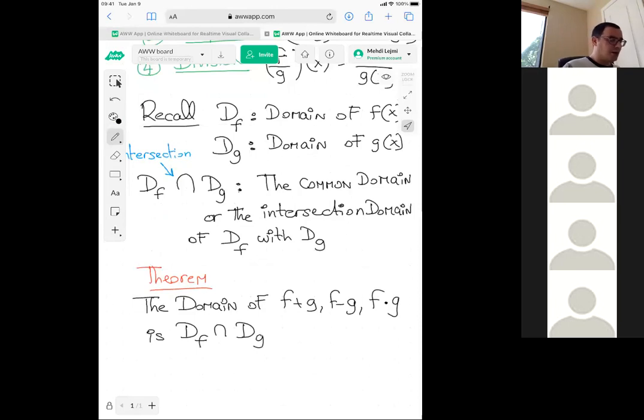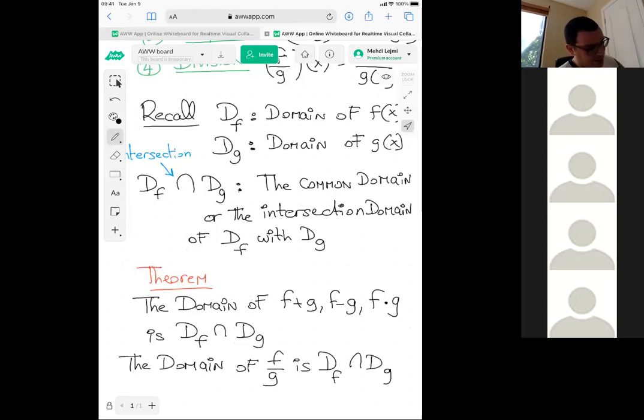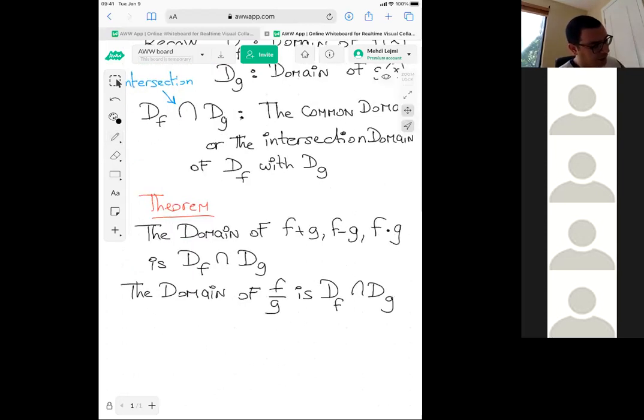And for f over g, when you divide, we have a kind of special case. The domain of f over g would be the intersection domain, but you have to exclude the values where g is 0. So the domain of f over g is the common domain where the values of x where g of x is 0 are excluded.